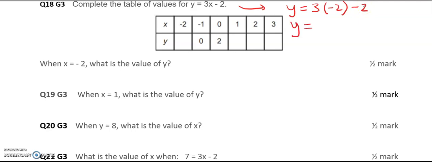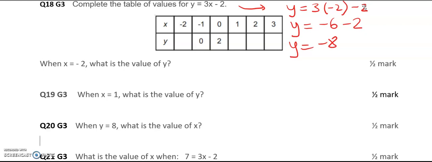So y is equal to 3 times minus 2 is minus 6 minus 2. Minus 6 minus 2 is equal to minus 8. So the value of y is minus 8 when x is equal to minus 2.